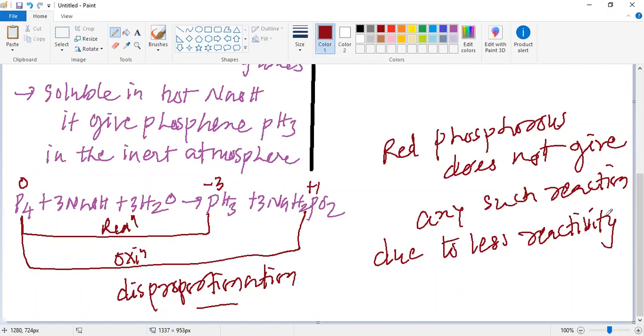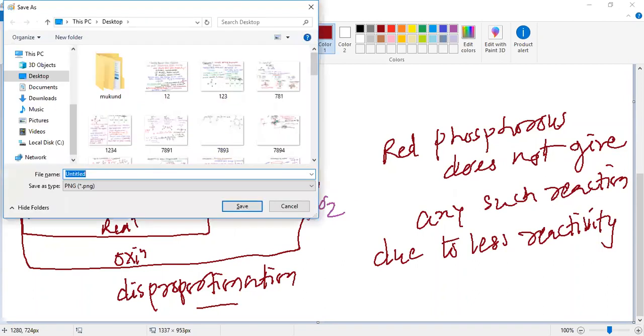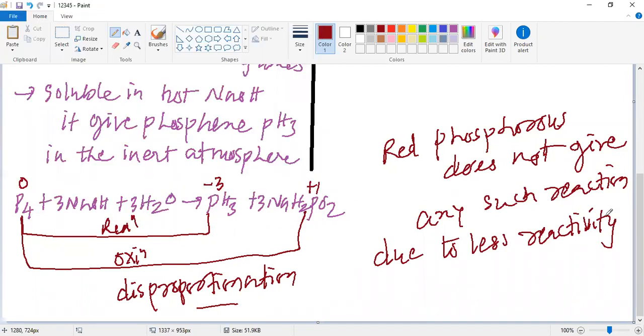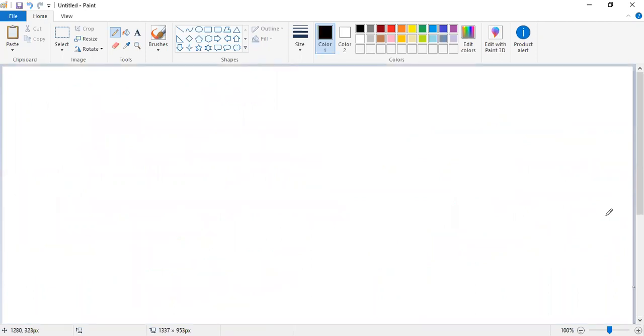So this is how we can understand that our red phosphorus is actually less reactive than the white phosphorus, and thus red phosphorus does not give any kind of reactions that white phosphorus can give. So this is how, my dear students, we study about the white phosphorus and red phosphorus.